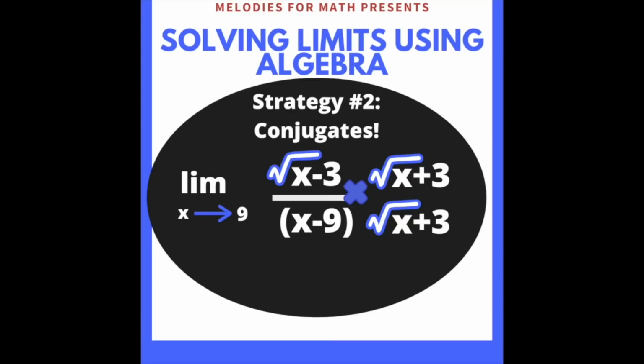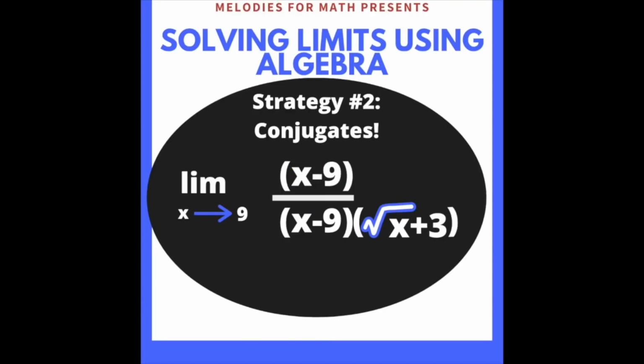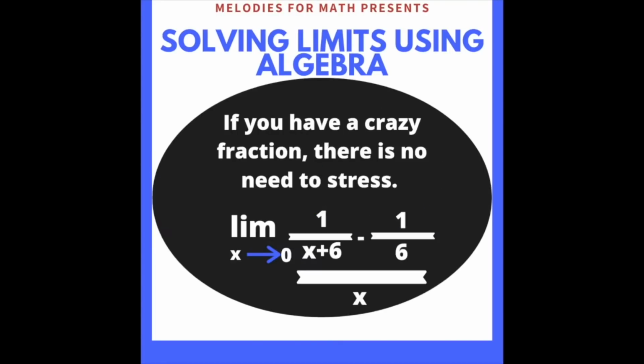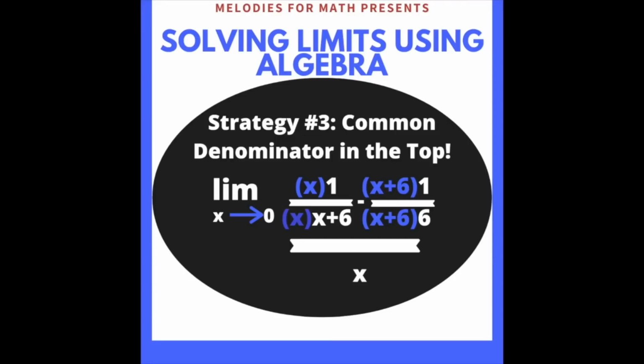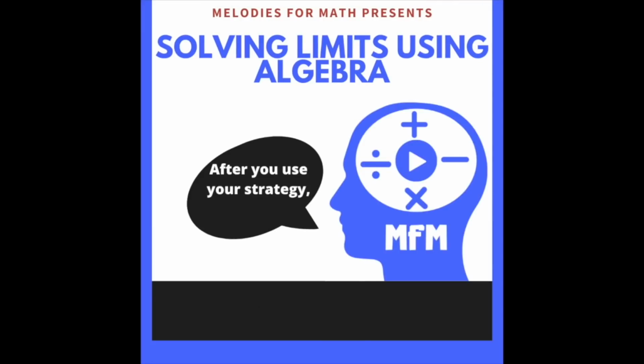Multiply above and below the line by the root with the opposite sign. If you have a crazy fraction, there is no need to stress. Find the common denominator in the top, divide and cancel to make your problems less. After you choose your strategy, plug in x once more. If only the bottom is 0, then no solution is in store. But if the result is defined, you have reached the finish line.